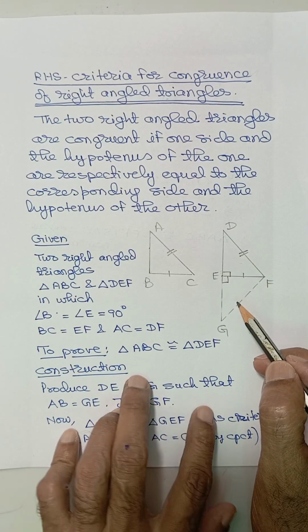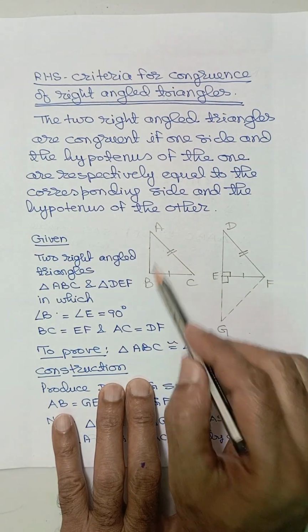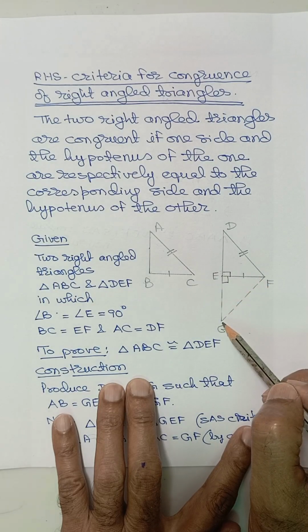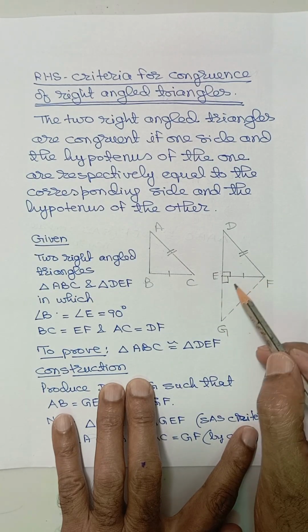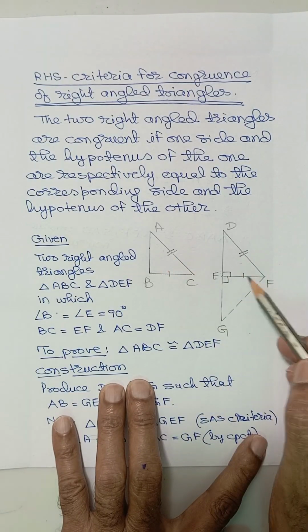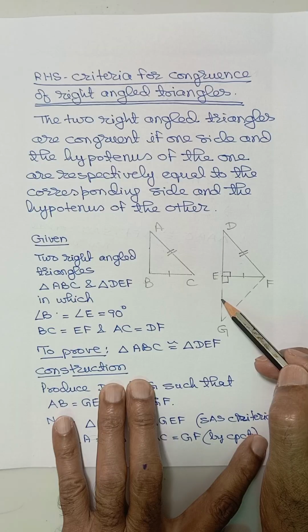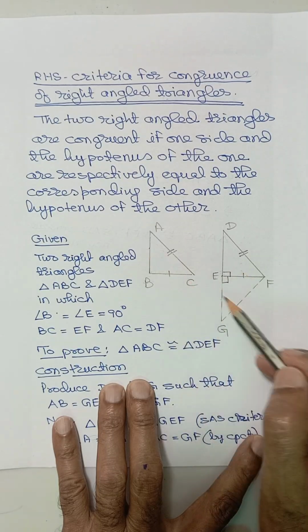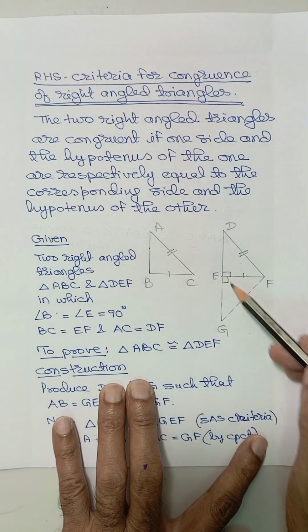So now triangle ABC will be congruent to triangle GEF because of SAS criteria, because this side is equal to this side, these two sides are equal. Then by construction, AB will be equal to EG, then it is a right angle.